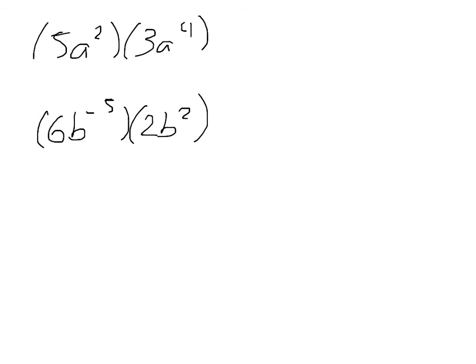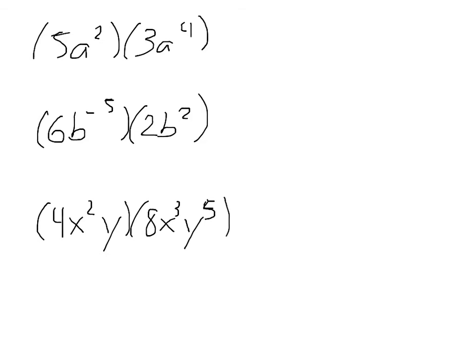And how about we do 4x squared y times 8x cubed y to the fifth. Okay, pause the recording and try these on your own. All right, let's see if we get the same answers here.